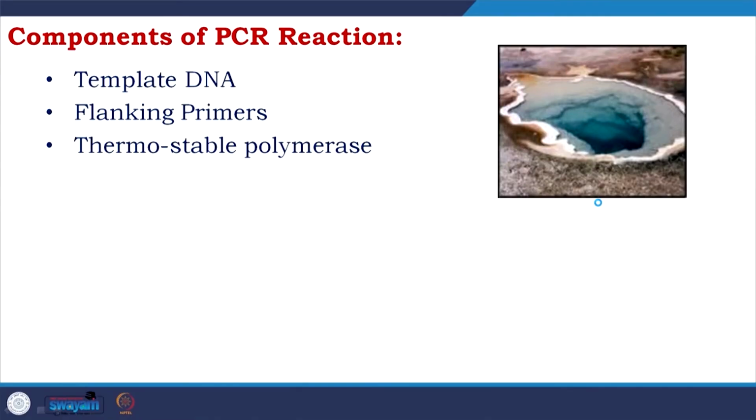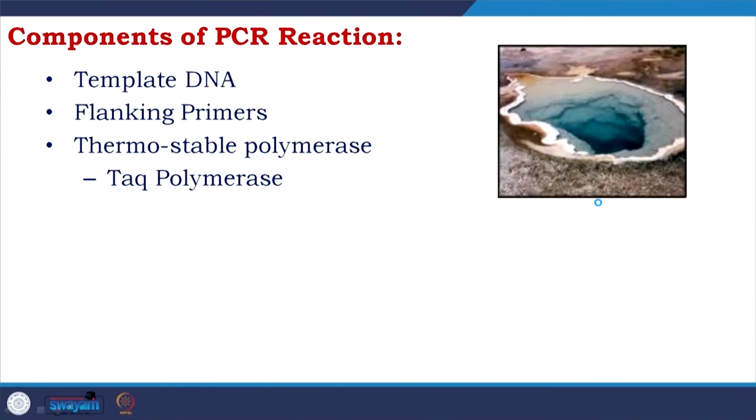Thermostable polymerase. I talked already about DNA polymerase, they are important, but here, to make the process work outside of the body, you have to develop temperature cycles, and a protein stable through non-covalent bonds could not be stable in that condition. So, you need a thermostable DNA polymerase, which is Taq polymerase, from Thermus aquaticus.